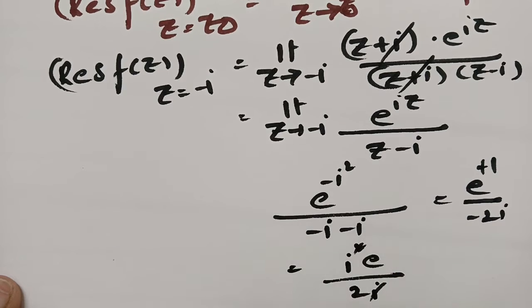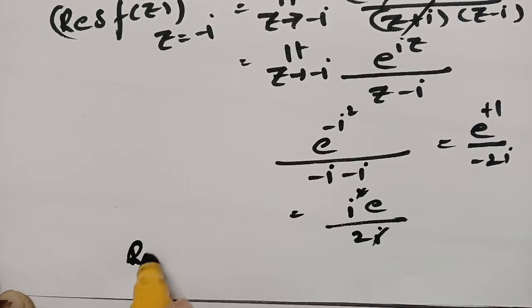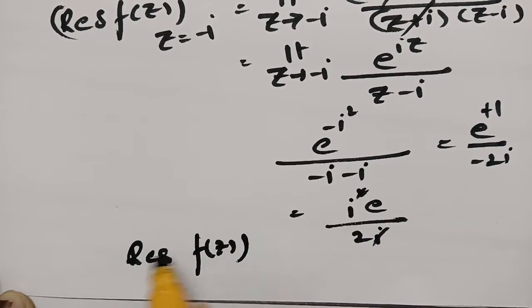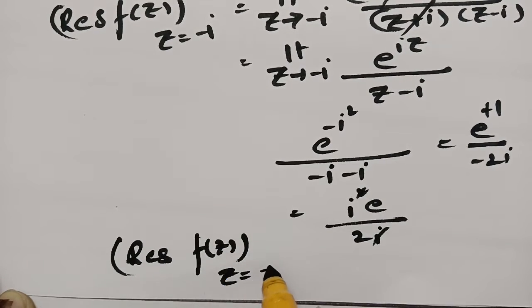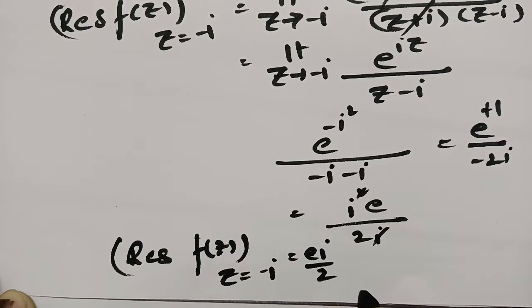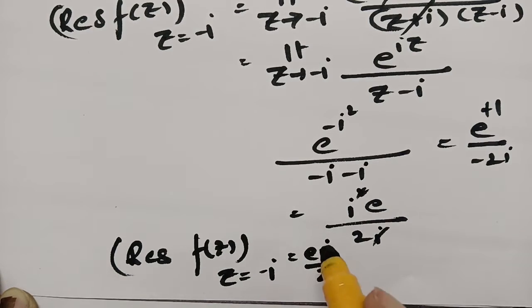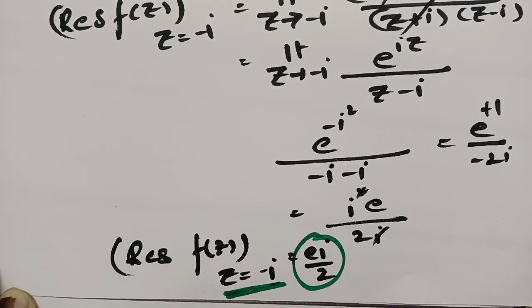If I cancel one i, the residue of f of z at the point z is equal to minus i is equal to ie by 2. So this is the residue value for the pole z is equal to minus i.